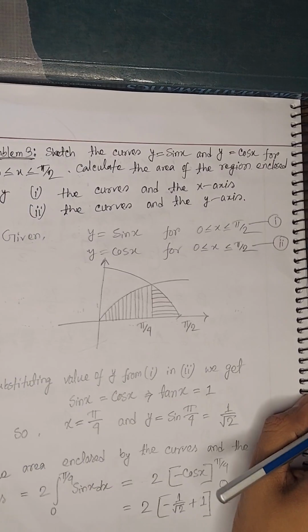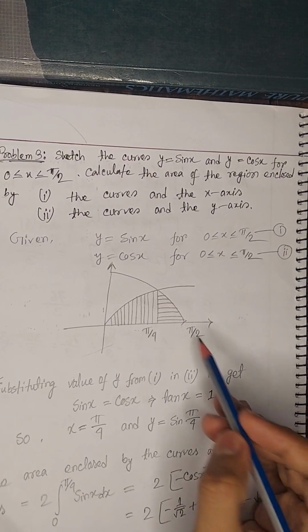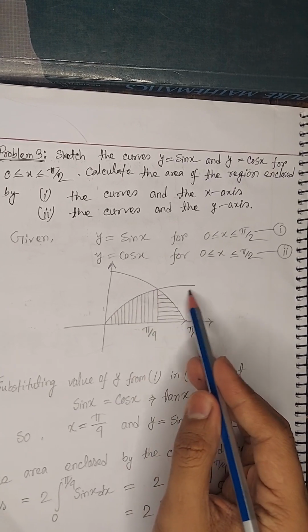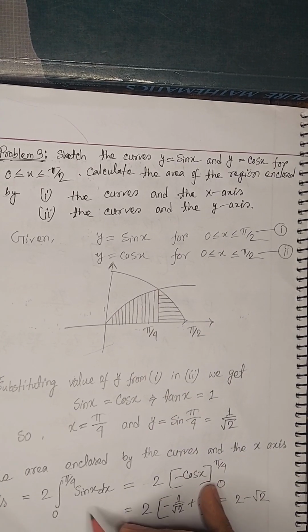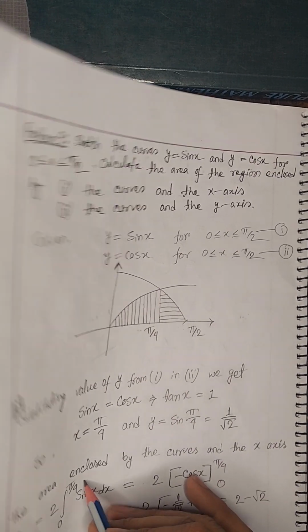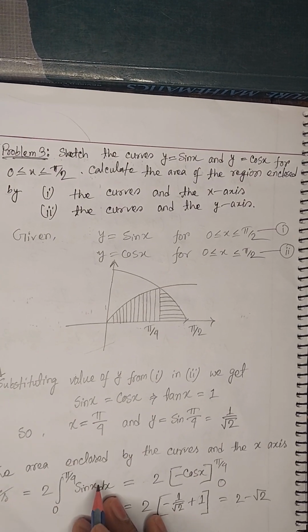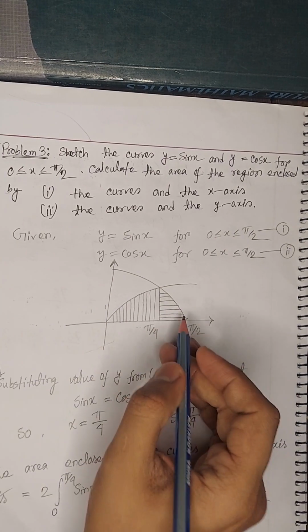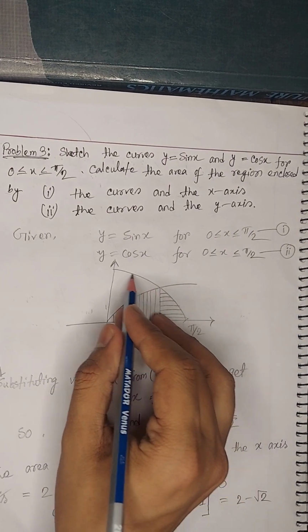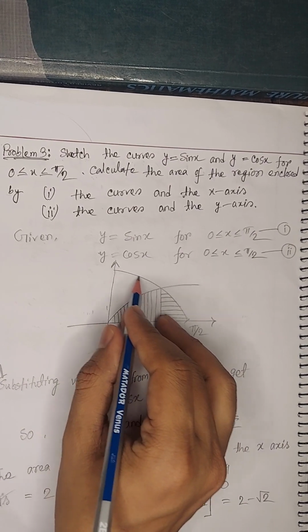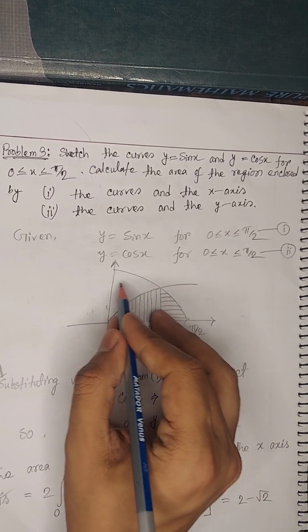Here we first find this area in the first part. Then for the second part we subtract from this part to this part, then we get this part, right?